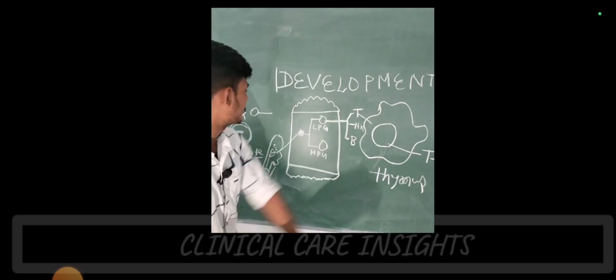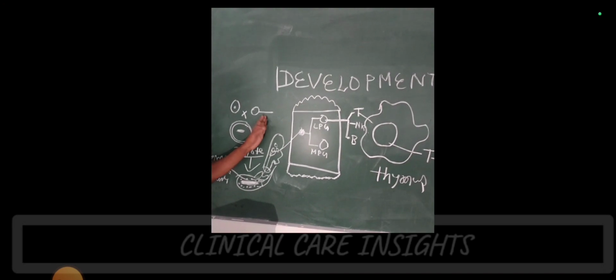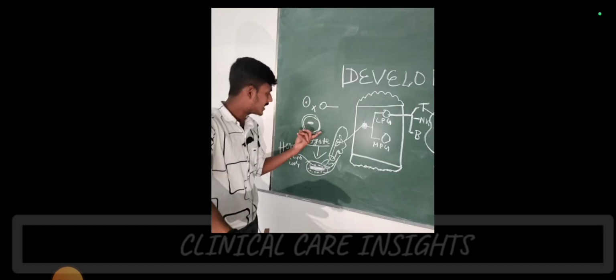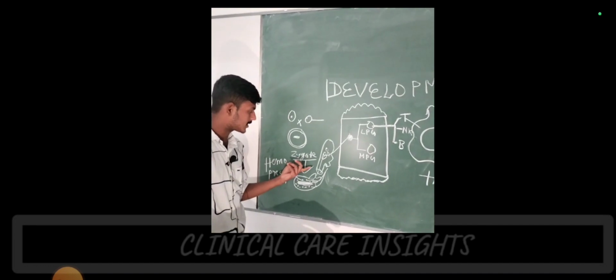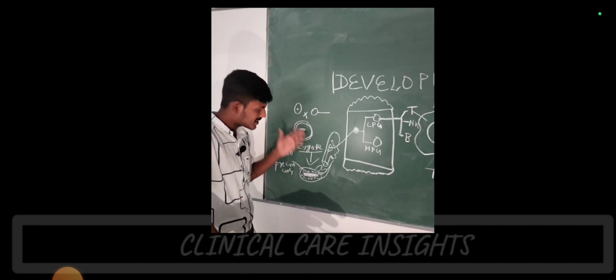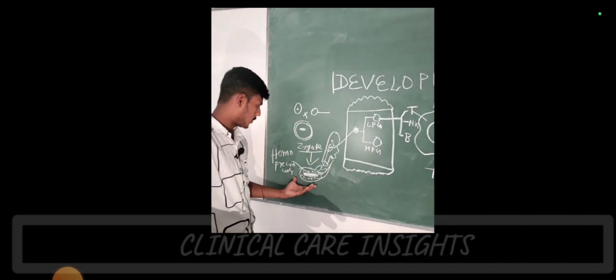Let me summarize it once again. We have sperm and egg. When they get fertilized, they form one multicellular or diploid structure, which is called the zygote. After subsequent divisions, the zygote forms the embryo.